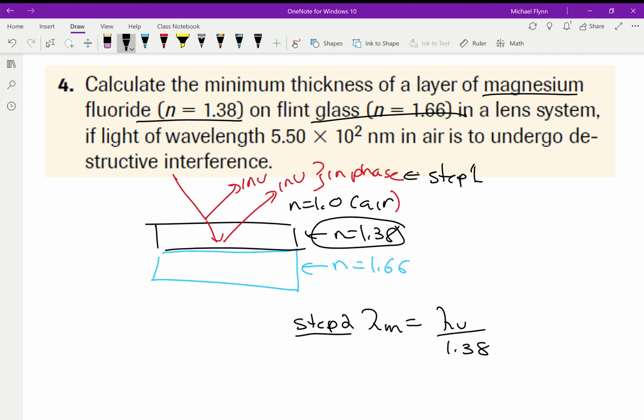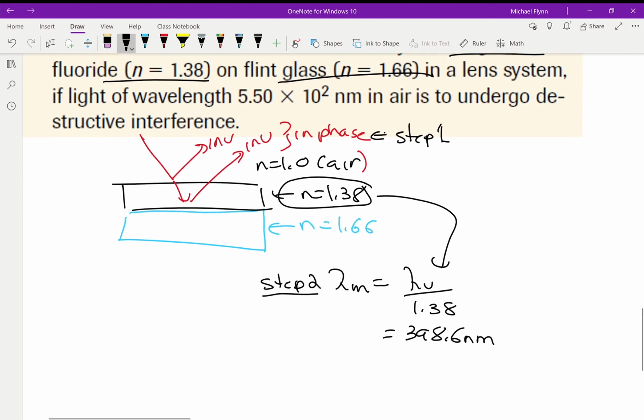This is our medium, that's our thin film, right? So don't use 1.66, that's not right. So it's 550 divided by 1.38. And that is 398.6 nanometers. So that is your wavelength in the medium.